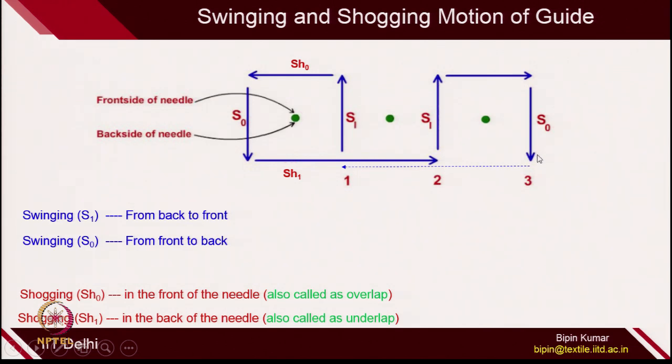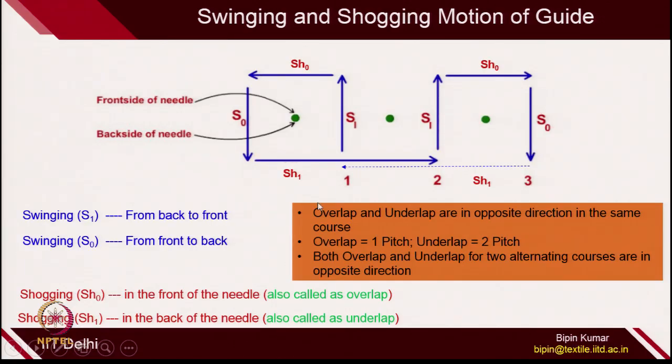Now, let us suppose the guide is switching from this needle to this needle. After completion of the second course, the same guide has to reach its original position, which was this one, because the guide started from this particular position. So, this is the shogging on the back side after completion of the second course. This is how the same sequence will be repeated.